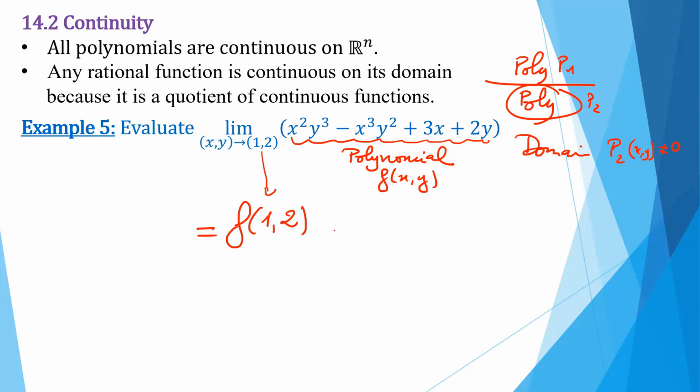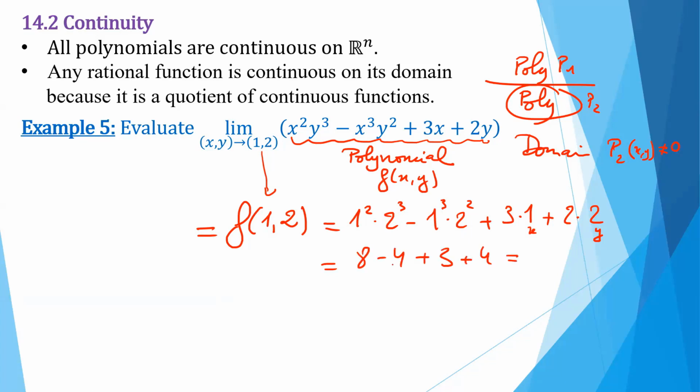Since we know that the function is continuous, we just replace x by 1 and y by 2 to find the limit. The result is 8 minus 4 plus 3 plus 4, which is 11. So the limit of this function at the point (1, 2) is 11, since it's continuous, we just determine the output associated to this point.